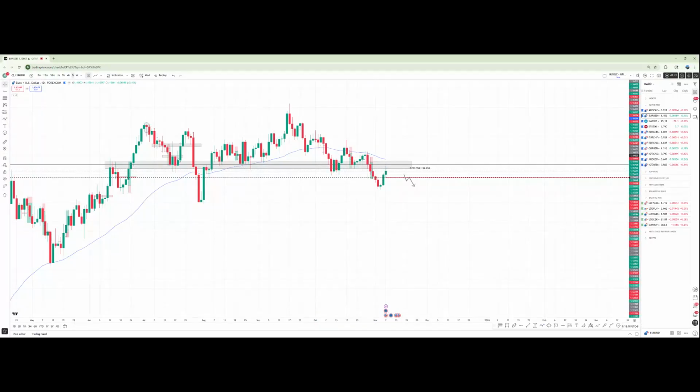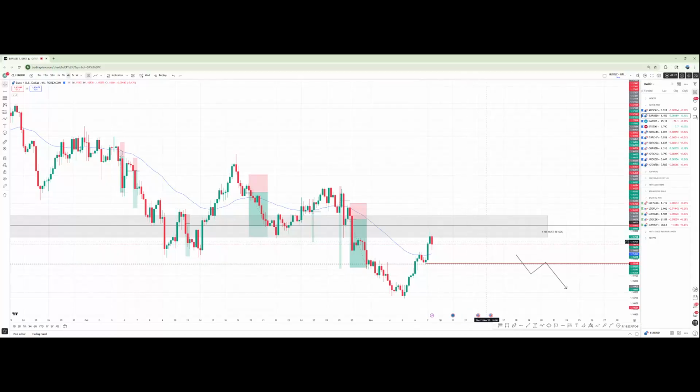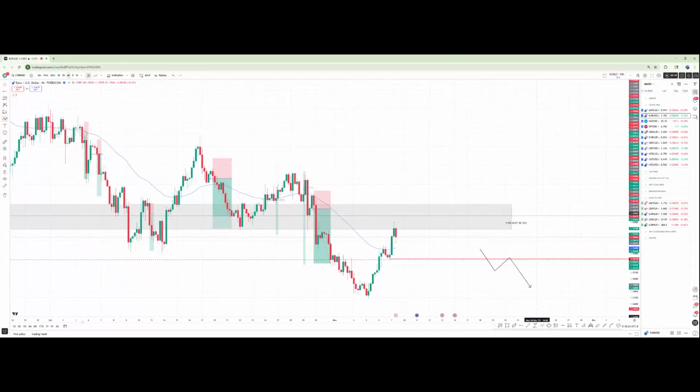So what we are waiting on this EUR USD is to make sure that the 4 hour shifts structure. Once the 4 hour shifts, then if we have a pullback, we will continue to go to the downside.